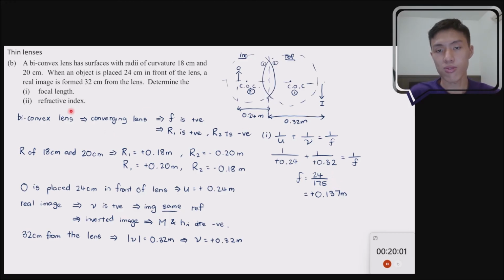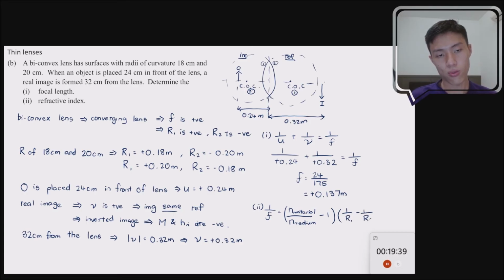Okay, next they ask for refractive index. For refractive index, you have to refer back to the lens maker equation where 1 over f is equal to n material divided by n medium, minus 1, times 1 over R1 minus 1 over R2.